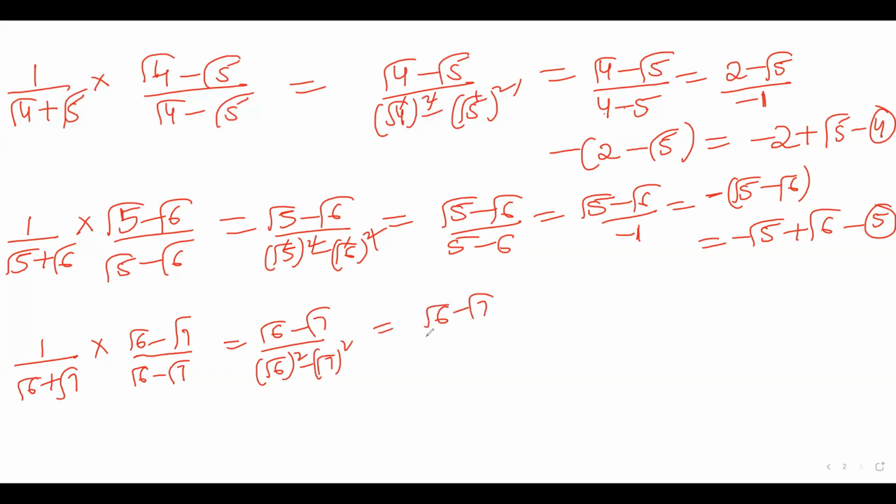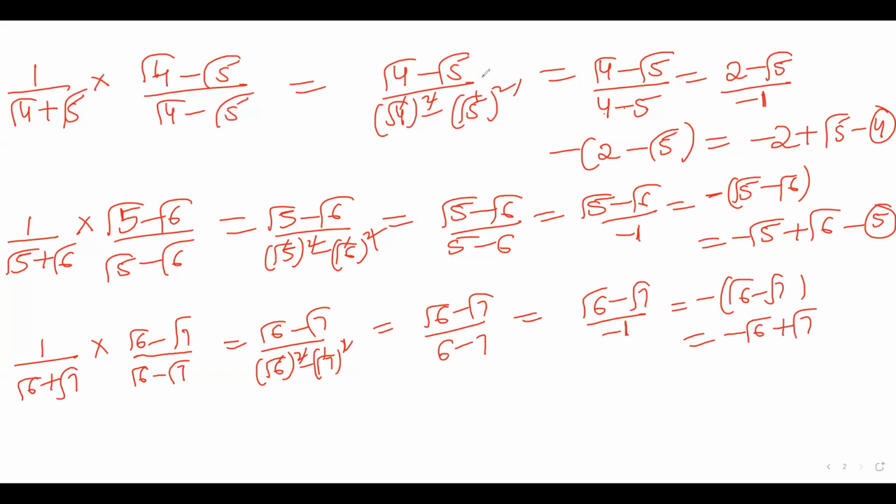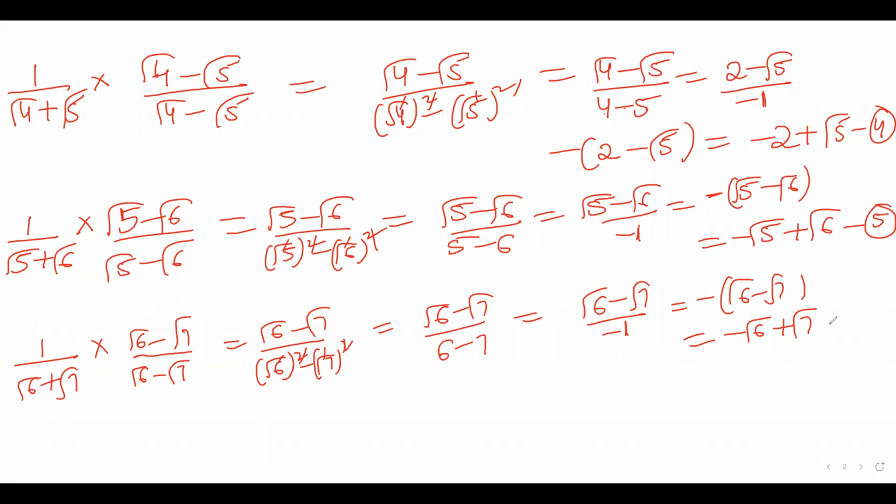The square and root will get cancelled. So you will get minus 1 in the denominator. That will be taken now to the numerator. Open the brackets: minus root 6 plus root 7. And this is our sixth term.